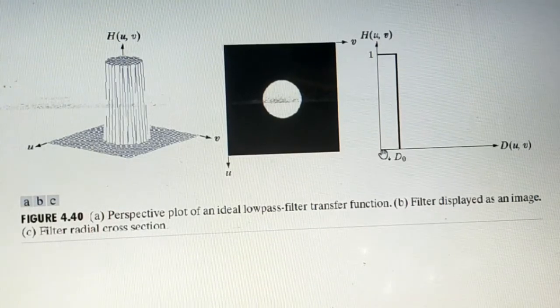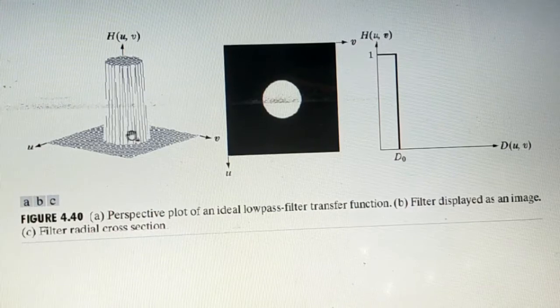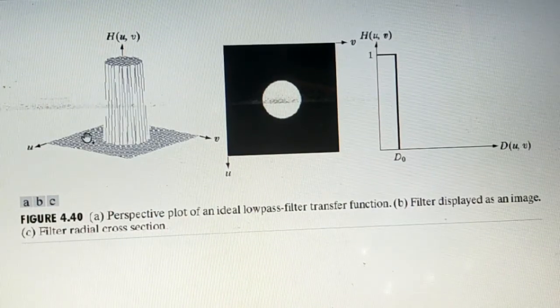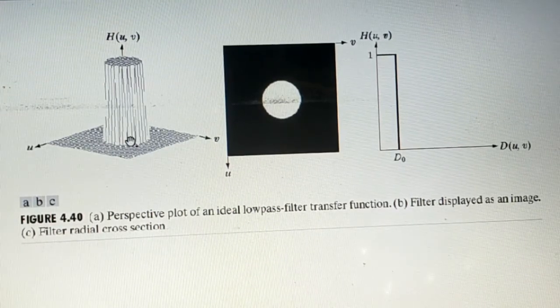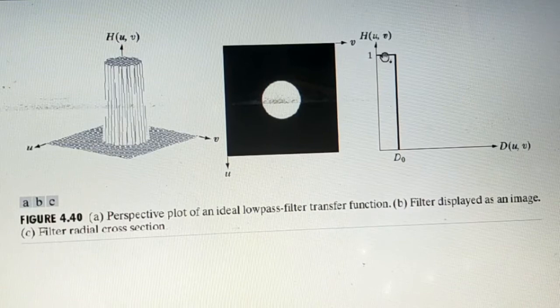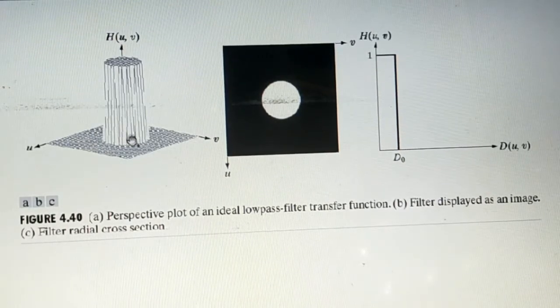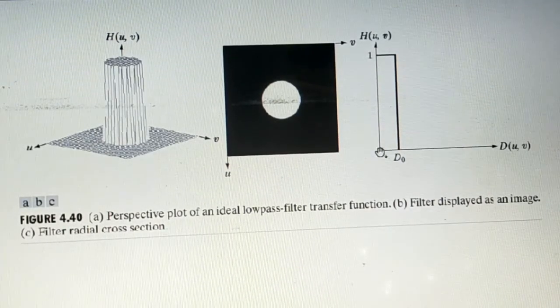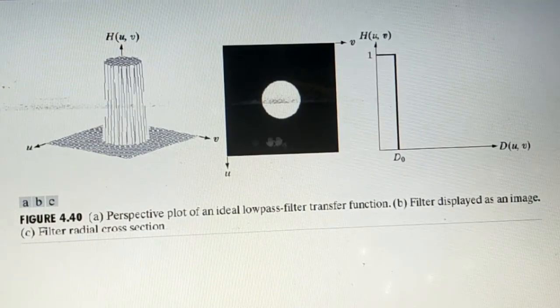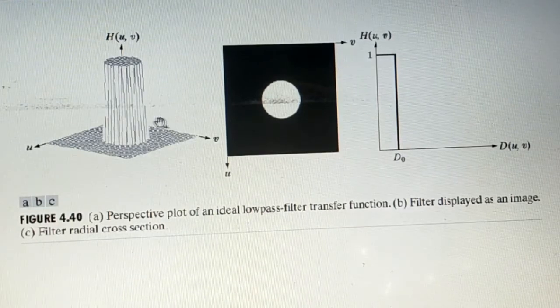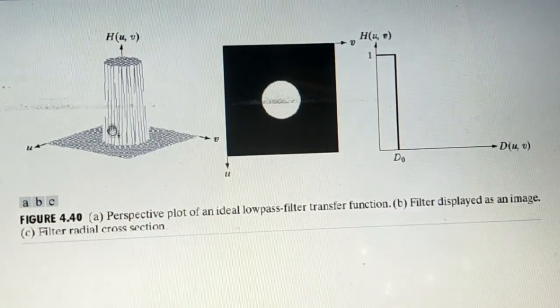This point (p/2, q/2) can be spotted on the UV plane where u equals p/2 and v equals q/2. So you place this point to correspond to u equals p/2, v equals q/2, and rotate this cross sectional plot by 360 degrees to get this perspective plot.